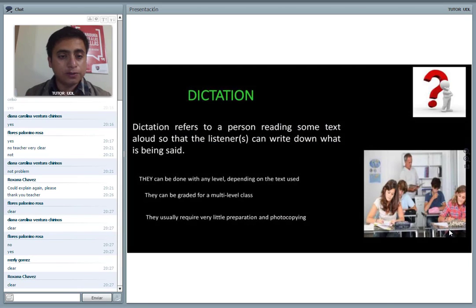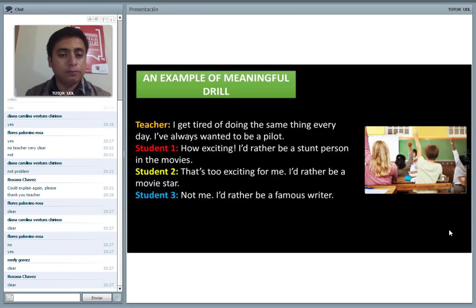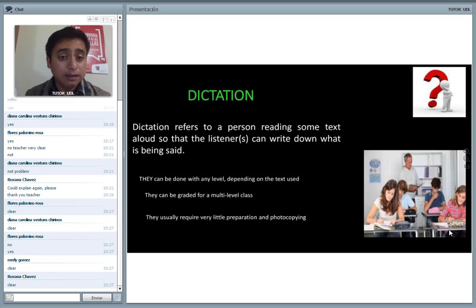So let's continue now with the next technique that you can use, especially when you want to teach grammar and vocabulary. That's a very common one. That is dictation. Even when we learned Spanish, we used to have dictation in class, right?